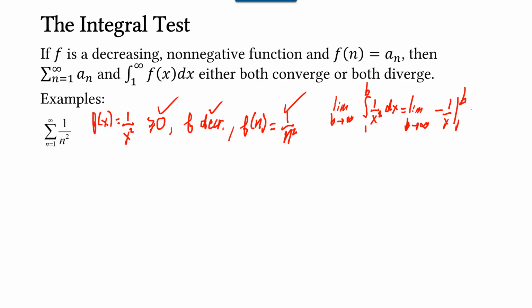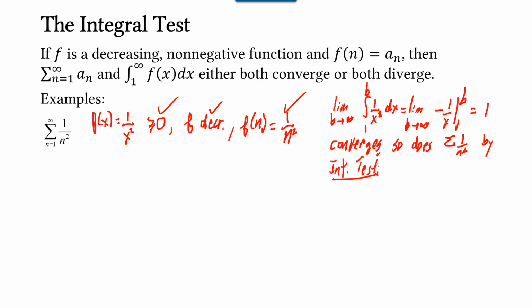If I evaluate that limit, I end up getting 1, because minus 1 over b goes to 0 as b goes to infinity. So I have a convergent improper integral. And so does the series, by the integral test.